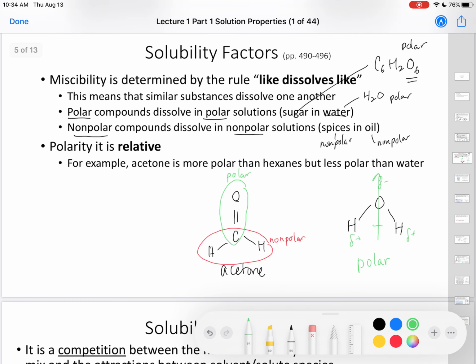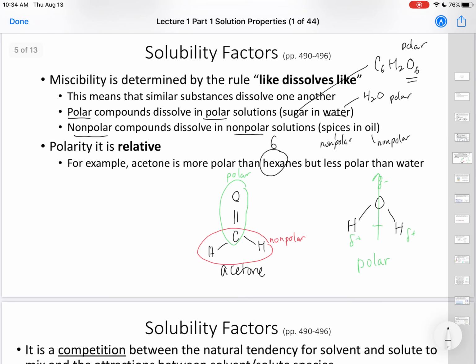Last but not least, we have something called hexane. Hex means 6, so really it's 6 carbons linked together, and on each carbon there are hydrogens.